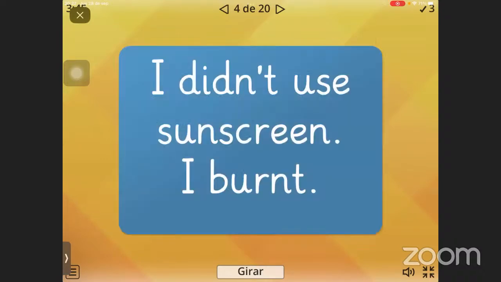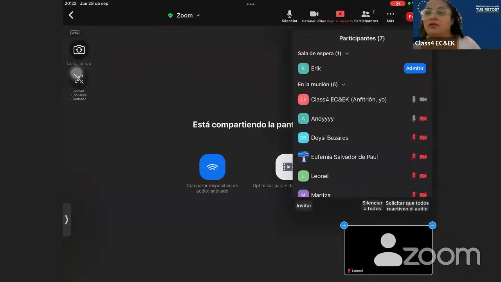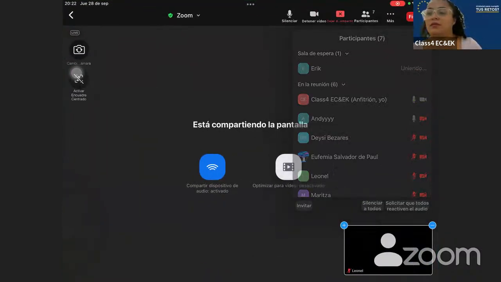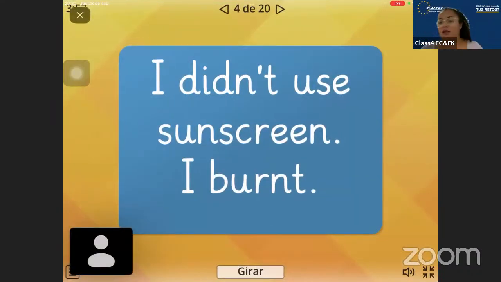Okay, one more. I didn't use sunscreen. I burned. Combine these two sentences and do it into third conditional, please.